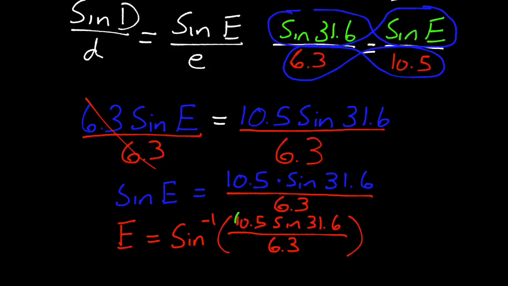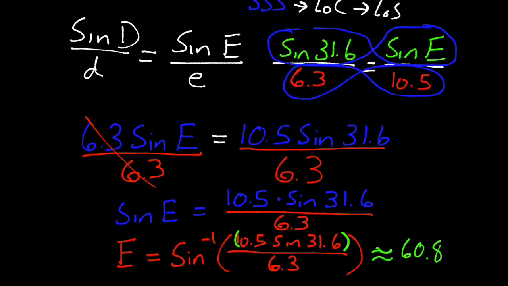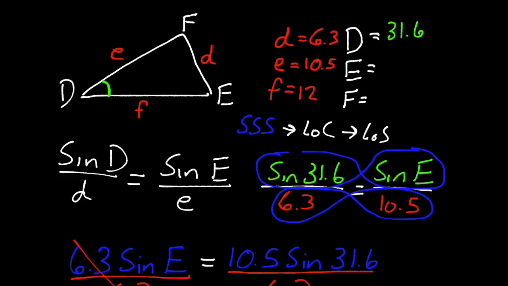Just like before, I said you probably want to put that top part in parentheses, and that's going to give us an angle of approximately, since we're rounding now, approximately 60.8 degrees. So we now know that angle E is approximately 60.8 degrees, and we can add that up here, 60.8.